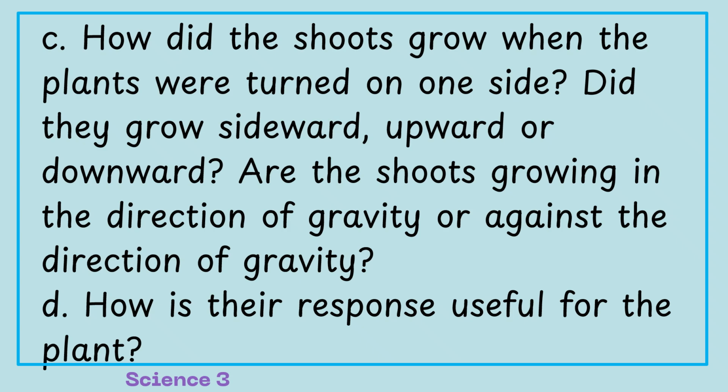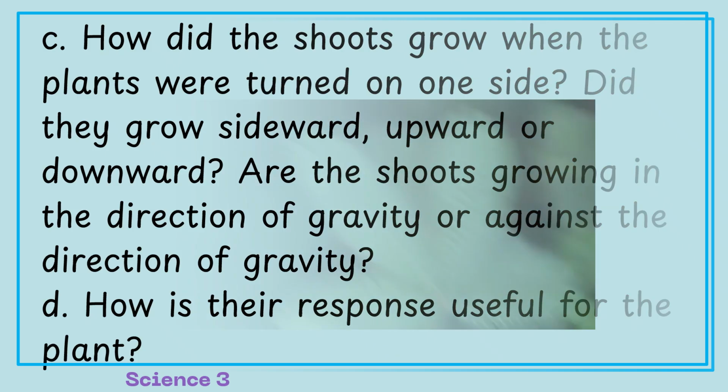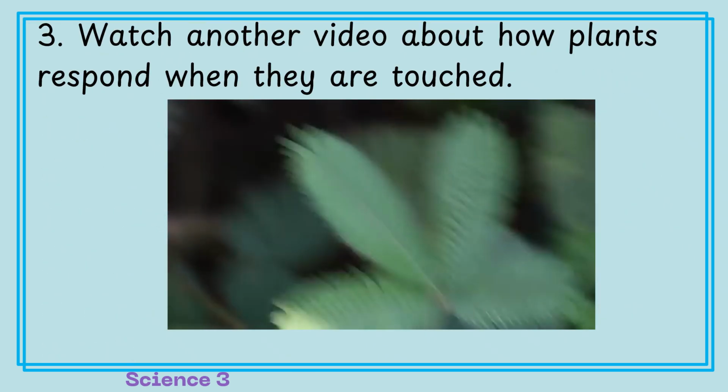How did the shoots grow when the plants were turned on one side? Did they grow sideward, upward, or downward? Are the shoots growing in the direction of gravity or against the direction of gravity? How is their response useful for the plants? Now let's watch another video about how plants respond when they are touched.